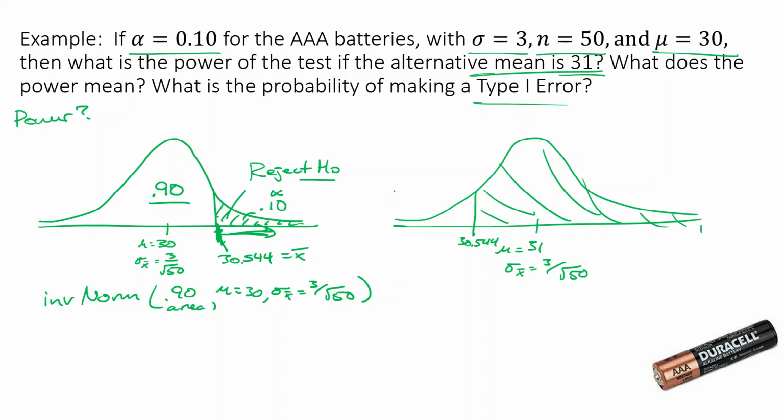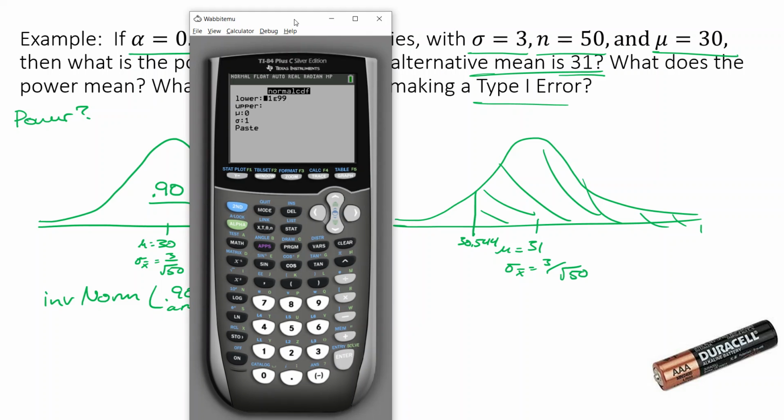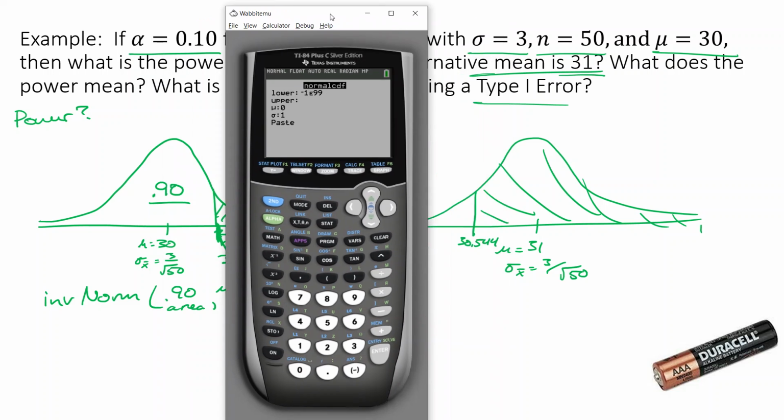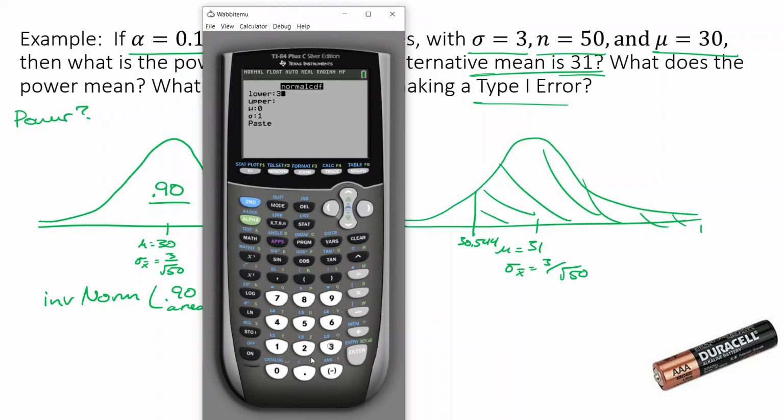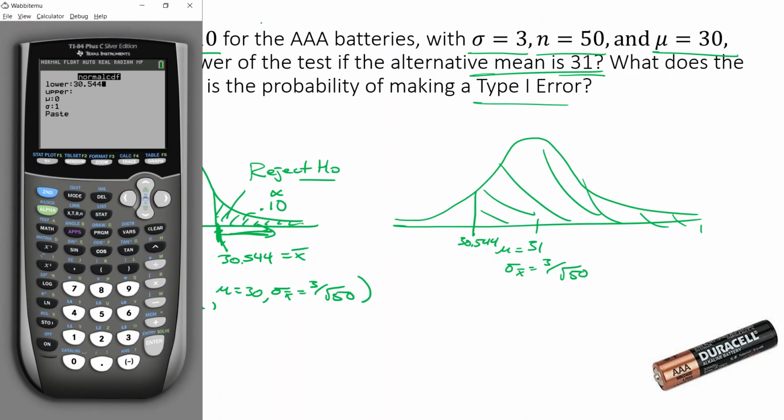All right, so we go back to our calculator, and we're going to do normal CDF with this. Second distribution, normal CDF, and we want to be above that 30.544. I wrote it down. Yeah, 544, that'll work. And we can just keep going up from there, something big.